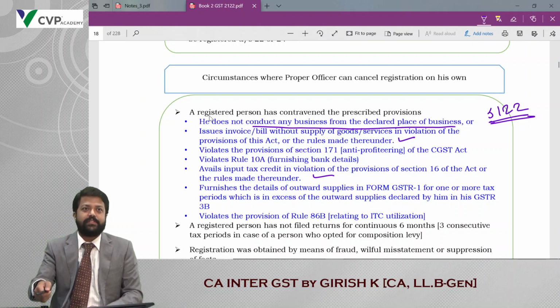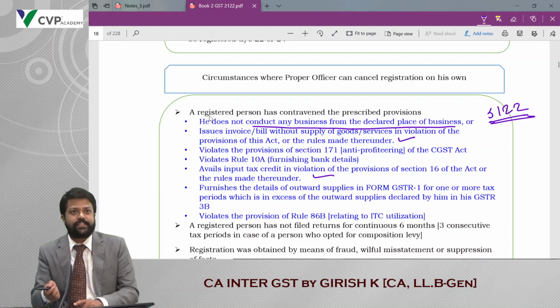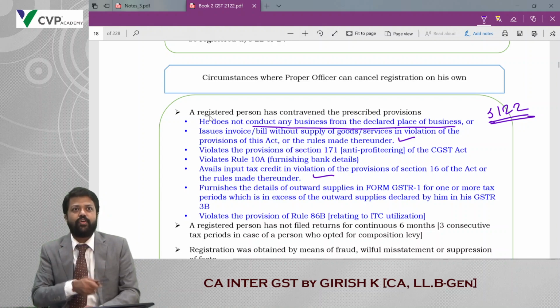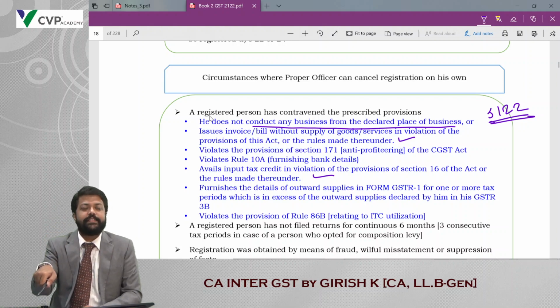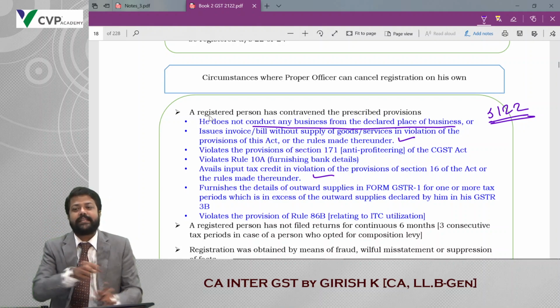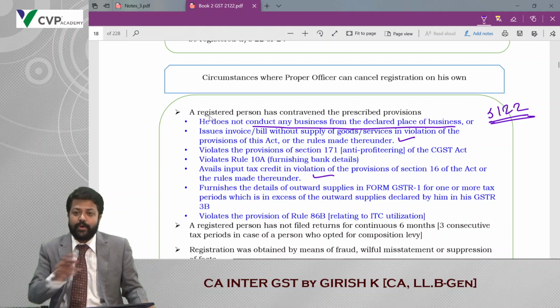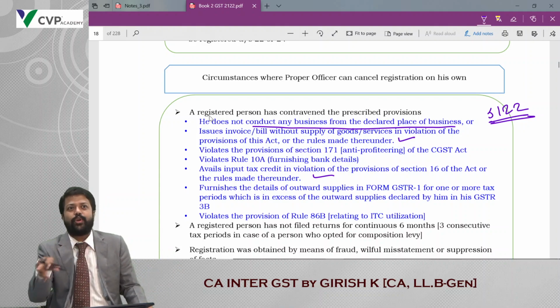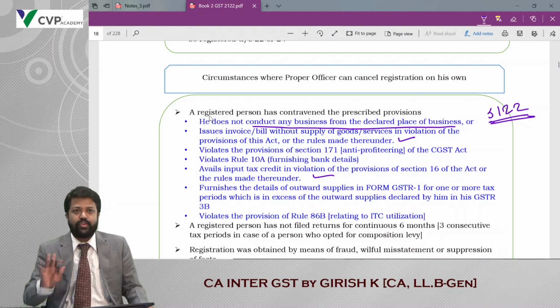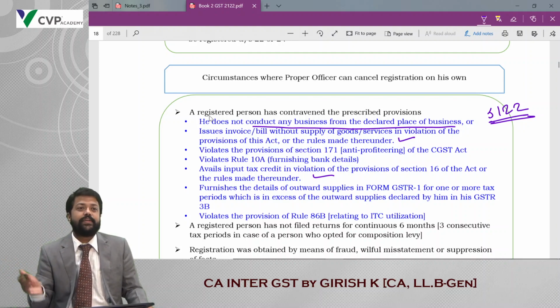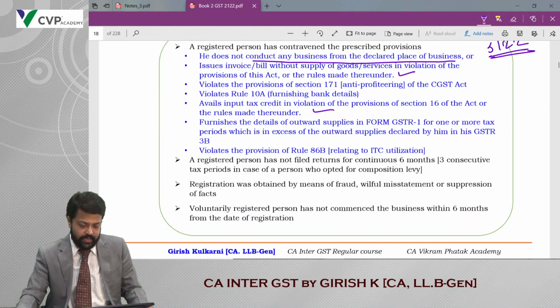First you grant him the registration, then you issue him a notice for checking the appropriateness of his ITC claim, and you adjudicate that case separately, but don't mix those things up into registration, cancellation, revocation. Revocation is an entirely separate process and needs to be assessed very appropriately. We will see revocation as well.